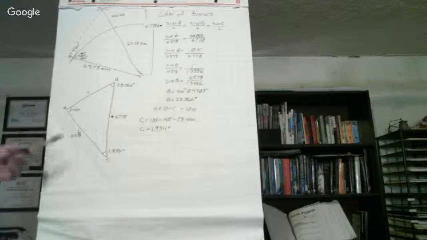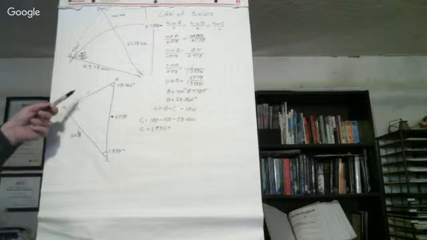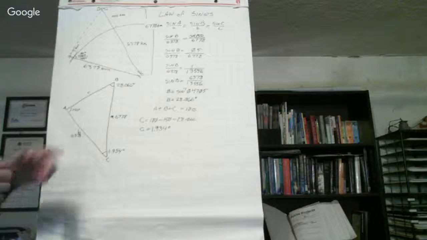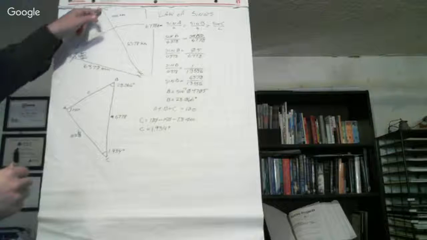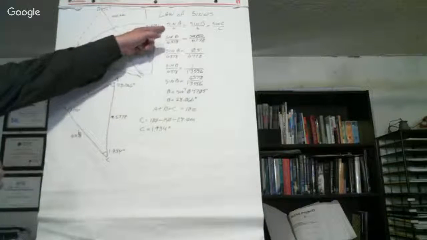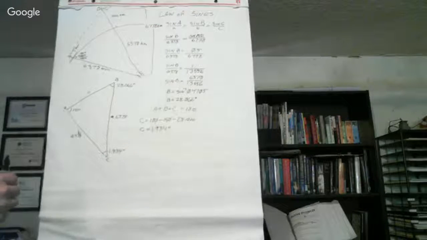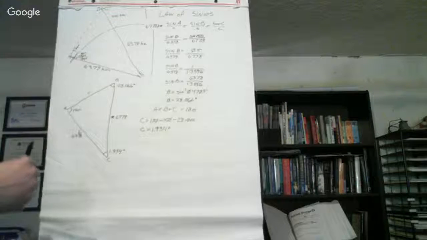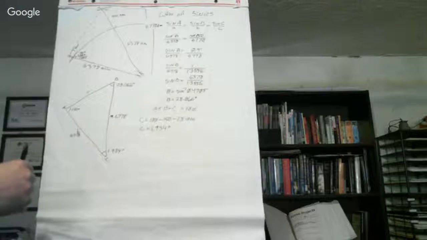The next step, though, is we still have not identified C as a segment. In other words, we have not figured out the range to our target. And that's what comes next. We're going to refer back to our old friend, law of sines. And here's the question: what do we know?